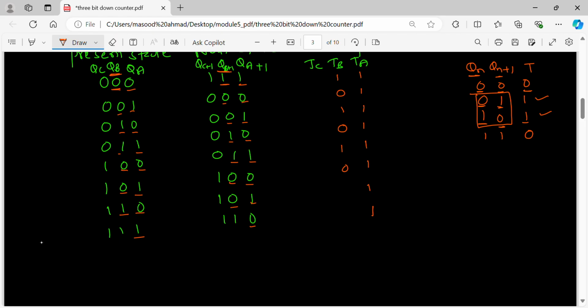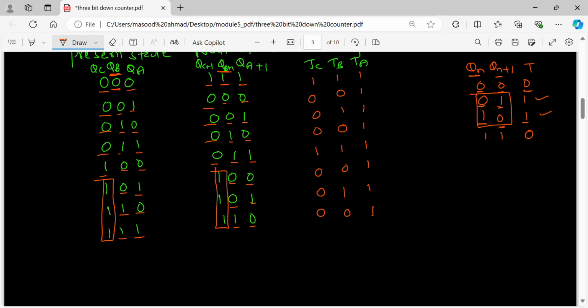Next 1, 1, 1, 0. You see here, for this 0 it is 1, so it is 1, right? For these 3 zeros, 0, 0, 0, same. Next this is 1, this is different, so the input is 1. Next 3 ones and 3 ones, so 0, 0, 0. Done.